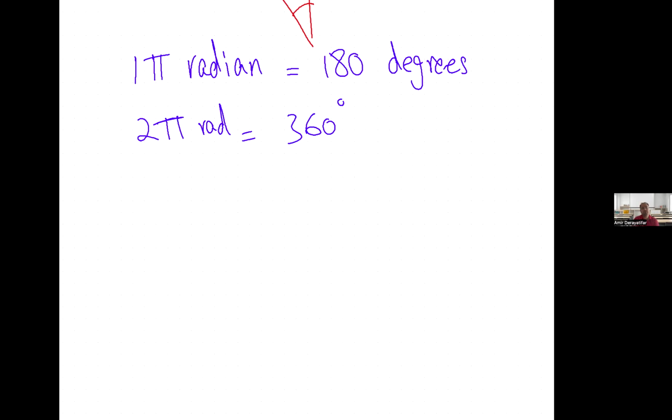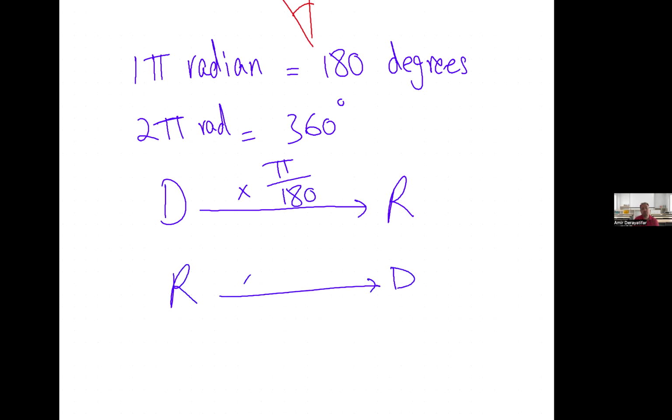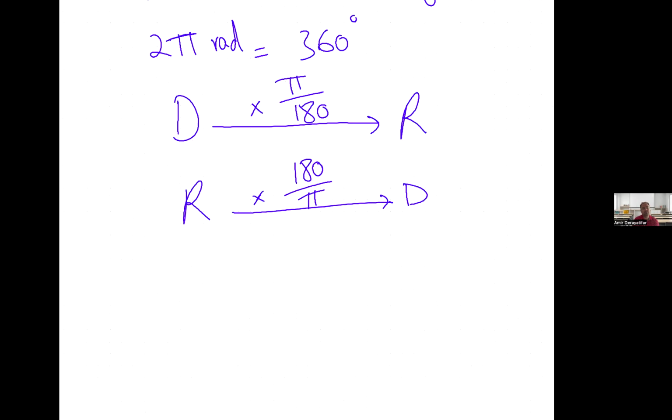So if you want to convert, let's go from degrees first. If you want to go from degrees into radians, you're going to multiply by pi divided by 180. And if you want to go from radians into degrees, you're going to multiply by 180 over pi, okay? So for example, if I'm asked what 3 pi over 2 radians equals in degrees, just multiply by 180 over pi.